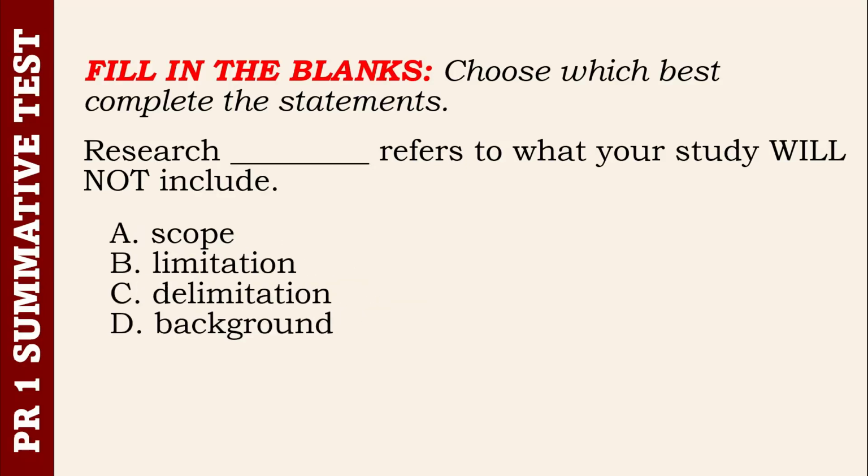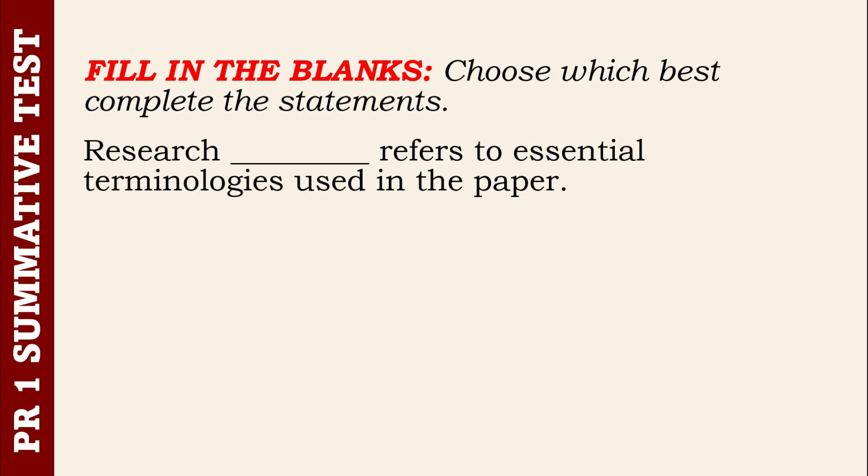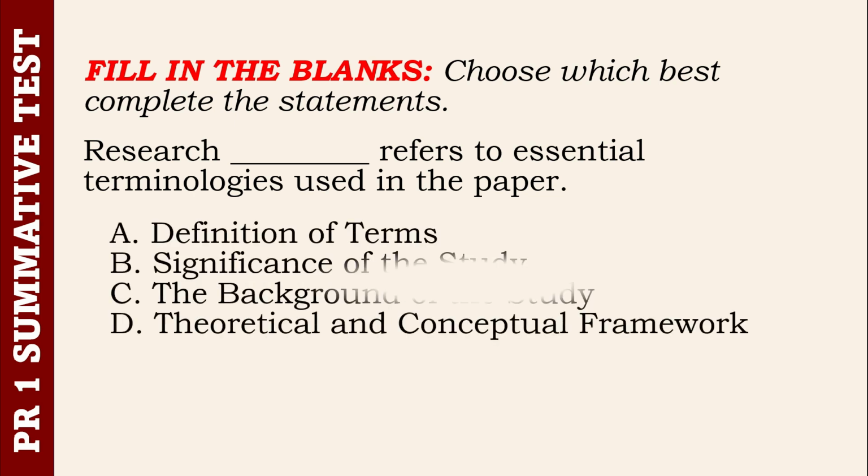And the answer is C, delimitation. Research blank refers to essential terminologies used in the paper. Is it definition of terms, significance of the study, the background of the study, or theoretical and conceptual framework? Obviously, the answer is A, definition of terms.